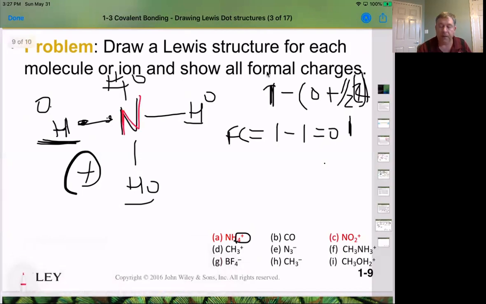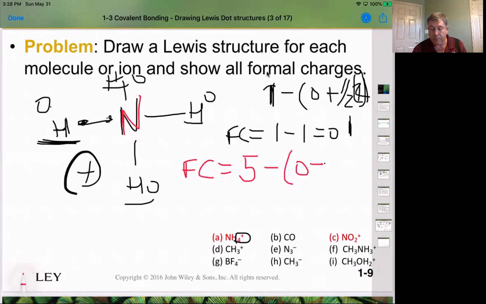Nitrogen, when we came into this, currently has 8 electrons around it. The formal charge for nitrogen is equal to the number of valence electrons it started with. Okay, it's in group 5A. That means that it had 5 electrons to start with. So we need to subtract from that. We have no lone pairs now. We have 0 lone pair electrons plus 1/2 of the bonding electrons.